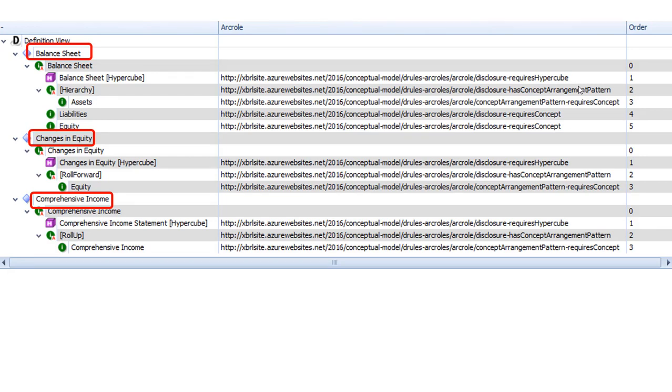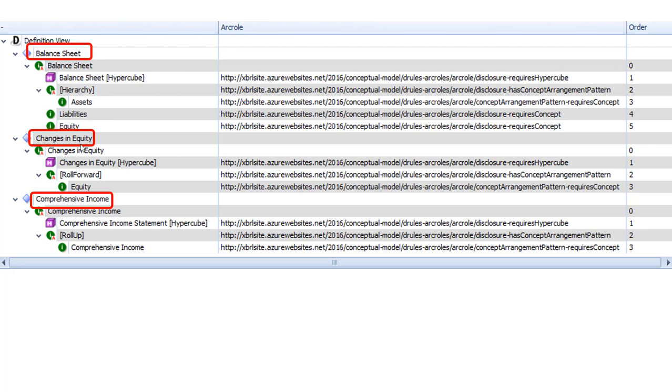So here's what those rules look like. These are XBRL definition relations for three disclosures, the rules for those disclosures, and these are the arc roles that are used.